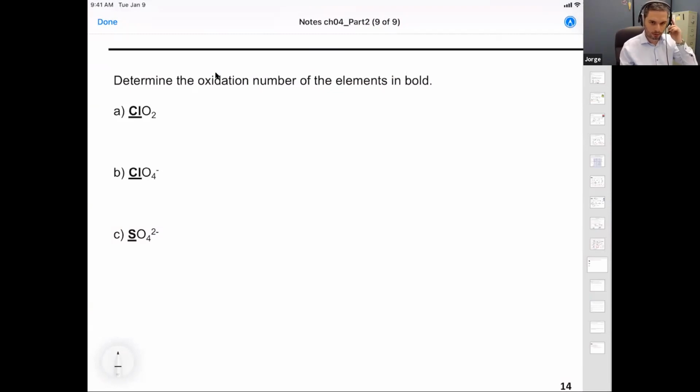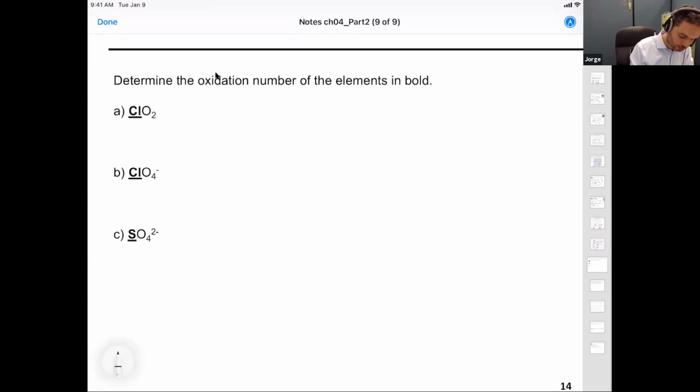Okay, so let's go back here and let's determine the oxidation number of the elements in bold. Okay, so let's do that together. Let's see if you got it right or if we need to explain things better here. So let's start with ClO2.